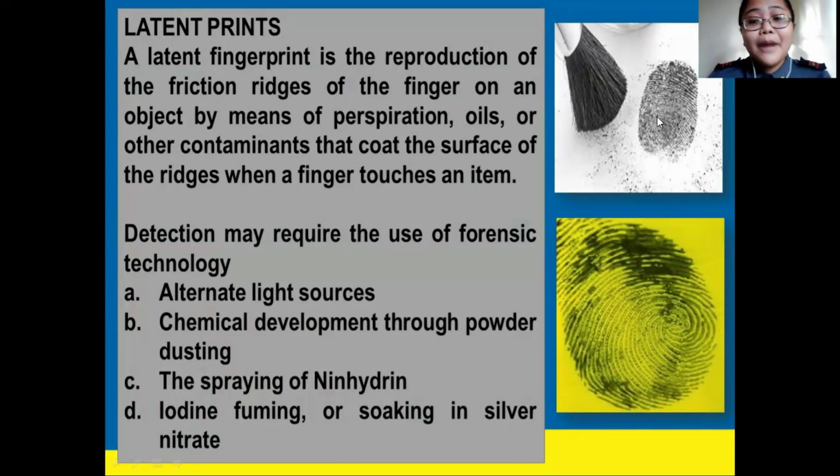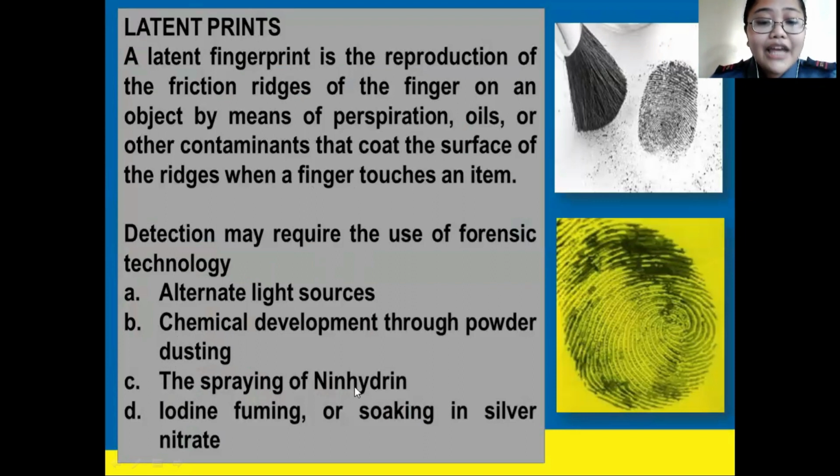We need to apply powder dusting to see it with our naked eye and also make it visible so that we can present it in court. Because if we just leave it, it may possibly be erased. But if we put some powder dusting, the prints will be preserved.